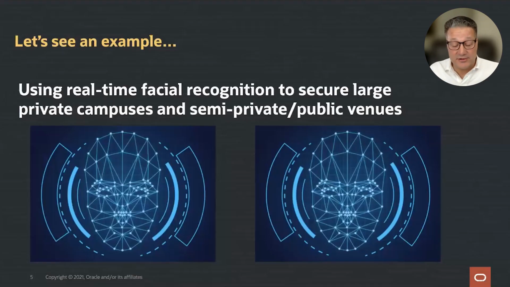So let's take a look at the real-world example we're referring to. This is a real-time facial recognition system, and it's actually becoming more common than you may know. I don't intend to get into the debate of Big Brother, but it's often used for augmenting security controls, primary security controls in an office complex or a public-private venue.